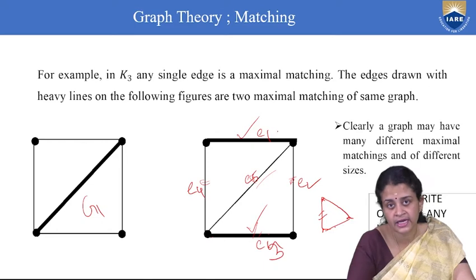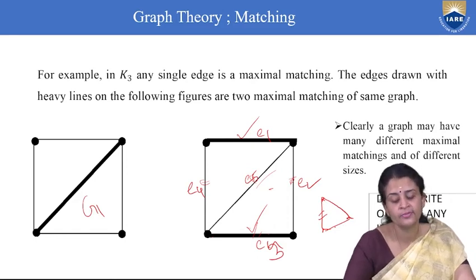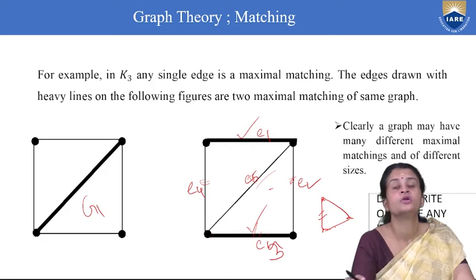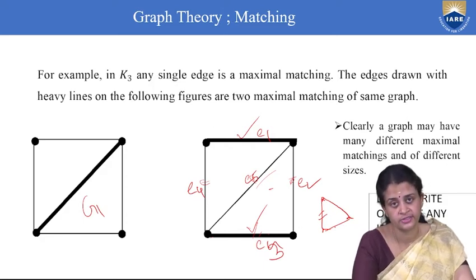Similarly, we cannot take any other matching in this graph containing these two edges. So these are cases of maximal matching. Another thing, I can take E4 and E2. It is also another maximal matching, as no two edges are adjacent, and each vertex is incident with only one edge.